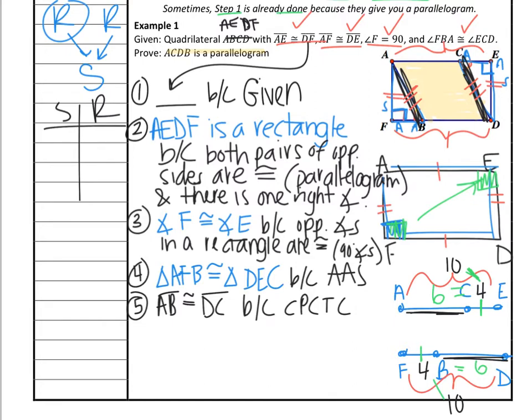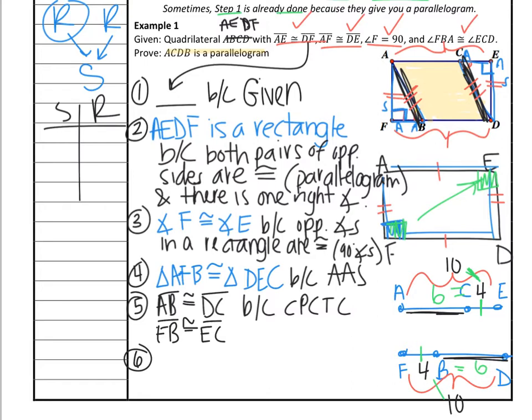But we've got to remember to put in that step from CPCTC about FB congruent to EC. And again, because it's from CPCTC, I can just lump it in step 6 anyways. So then, or step 5, sorry.